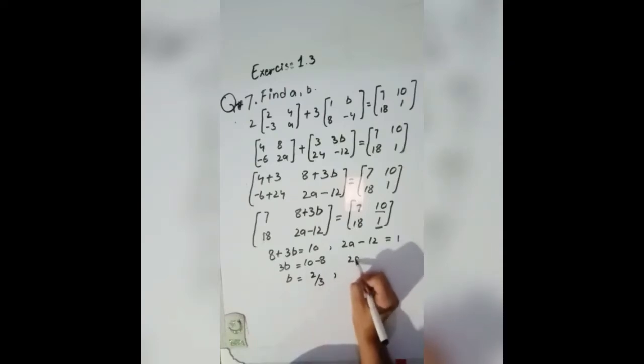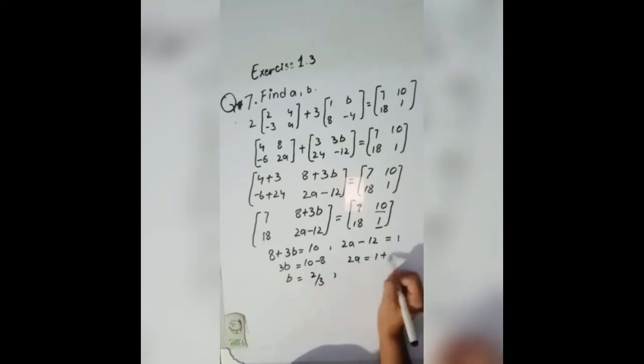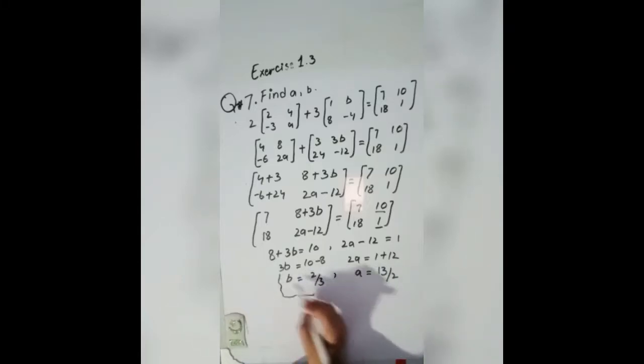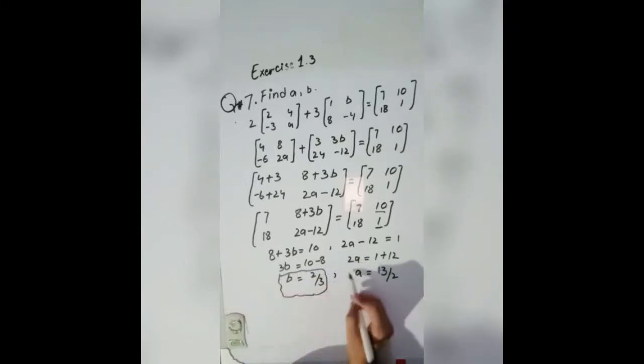Here 2a is equal to 1 plus 12 and a is equal to 13 by 2. So we got the values of a and b.